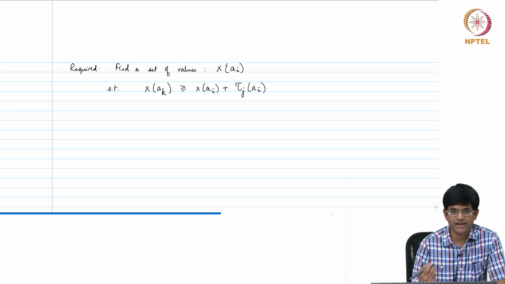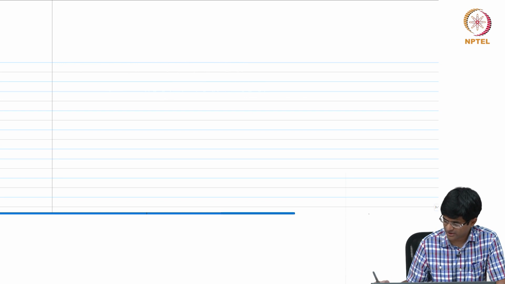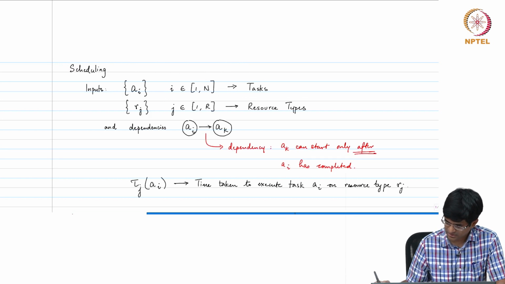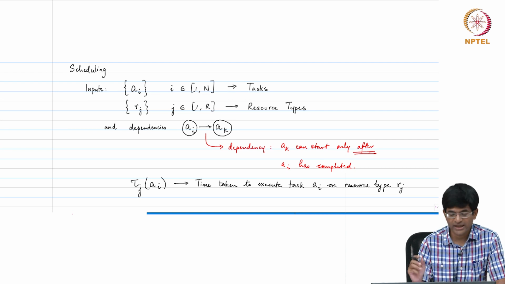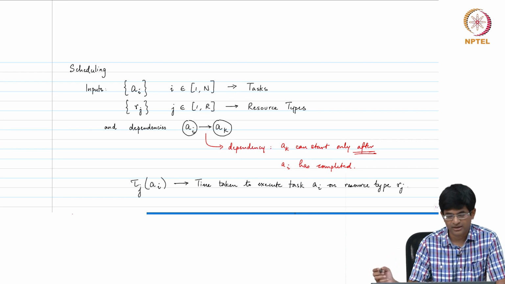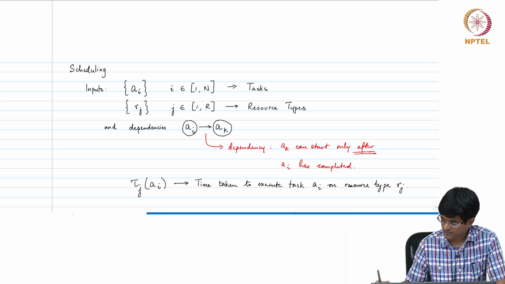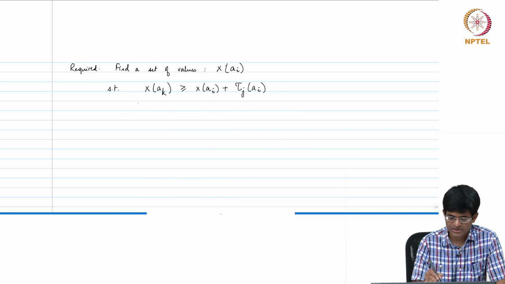This is a mathematical formulation of what I just described. Tau j of AI is the time required to execute task AI on some resource type Rj. There is an edge from AI to AK indicating a dependency. AK must start only after AI has completed, and we can capture this by this inequality, which basically states that the starting time x of AK must be greater than or equal to the starting time x of AI plus the execution time tau j of AI.